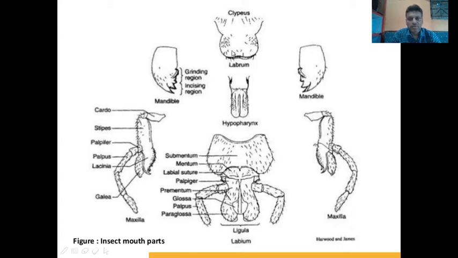These are the different parts of insect mouth parts. This is the upper part, called the labrum. This tongue-like structure is called the hypopharynx. On the sides are the mandibles for grinding the food materials.